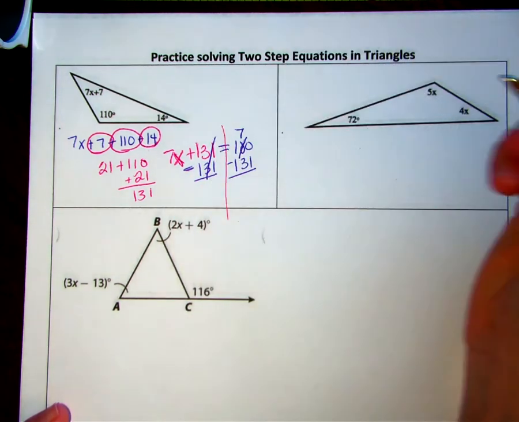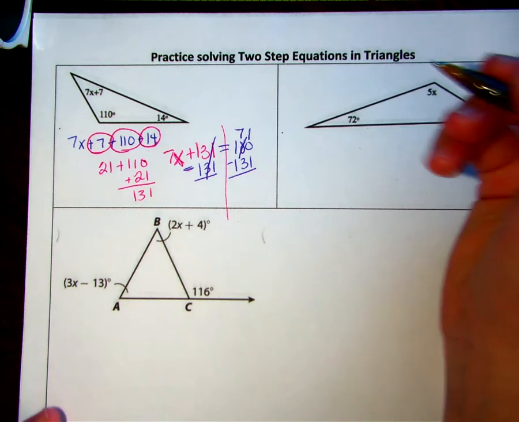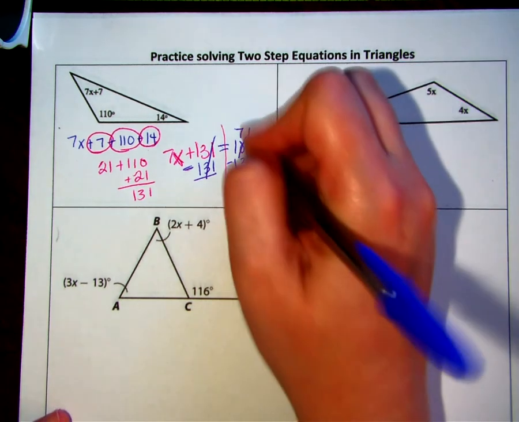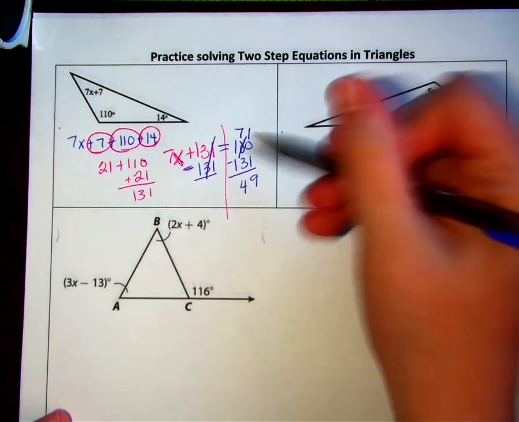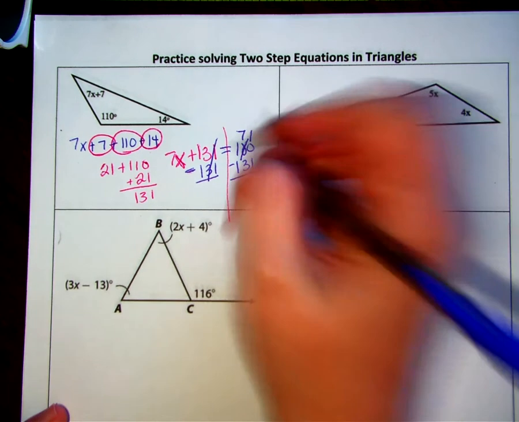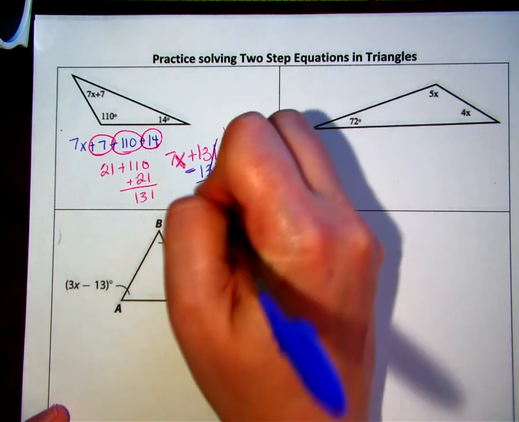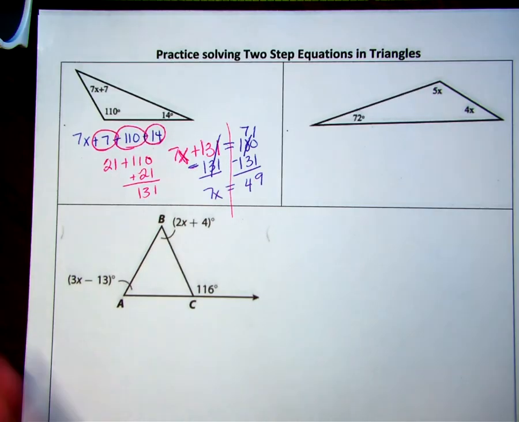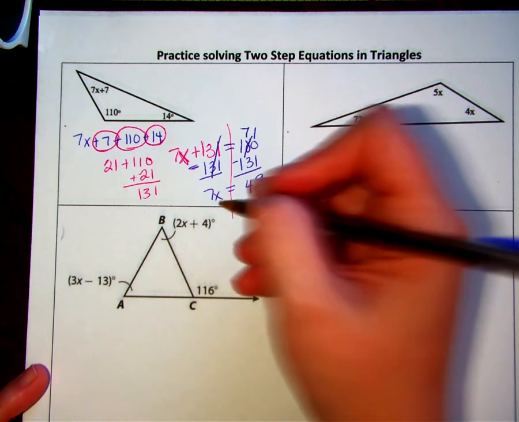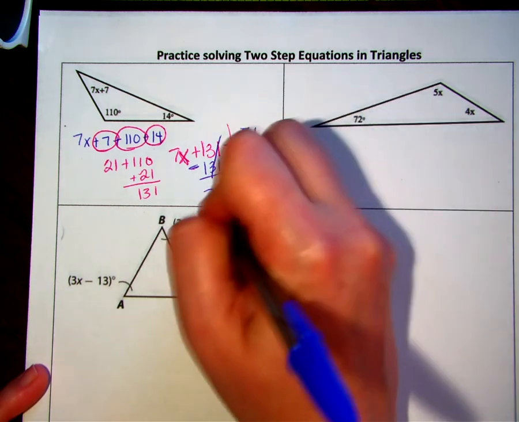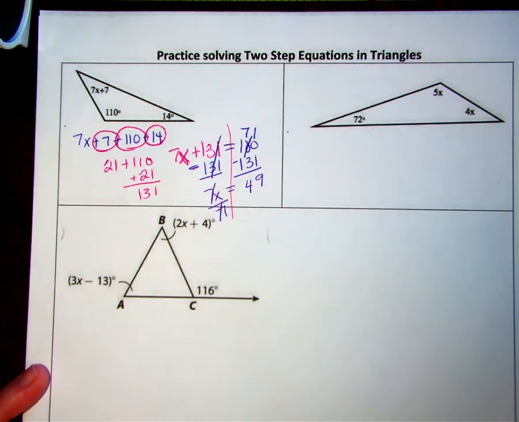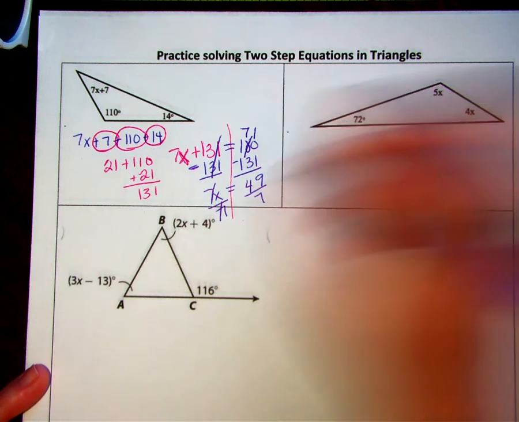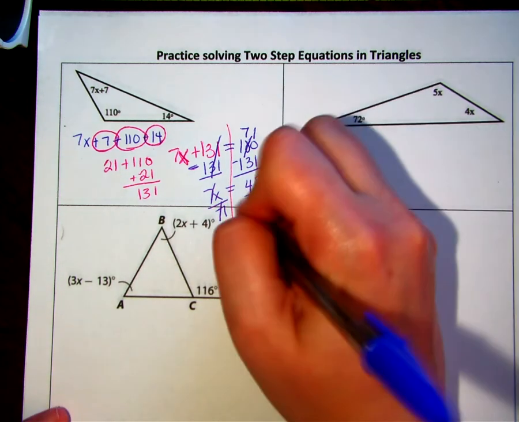Borrow, that's a 7. 10 minus 1 is 9. 7 minus 3 is 4. And then 1 minus 1, 0. So now I'm going to bring down my equal sign, bring down my 7x, and then isolate the x. So this is 7 times something is equal to 49. So you're going to divide by 7 to cancel out the 7. 49 divided by 7, x would be equal to 7.